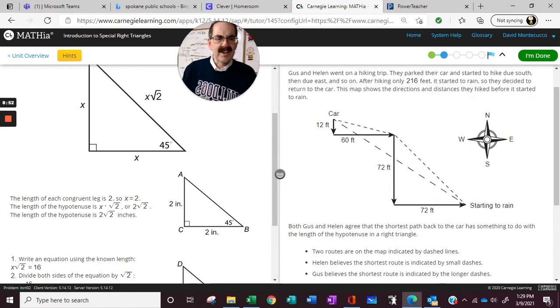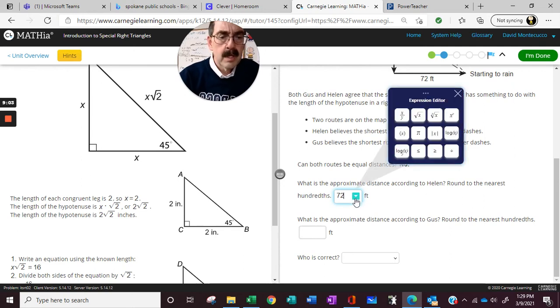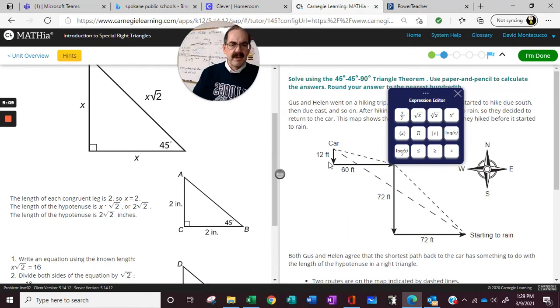What's this guy here? 60 and 12. So we've got some math here. The first one is going to be 72 radical 2. But then we have to add this next piece, which is the distance formula.